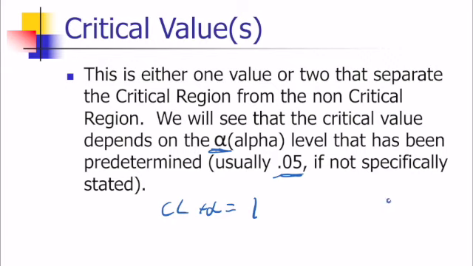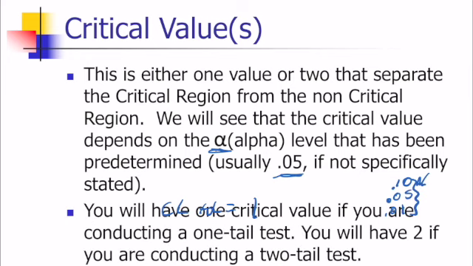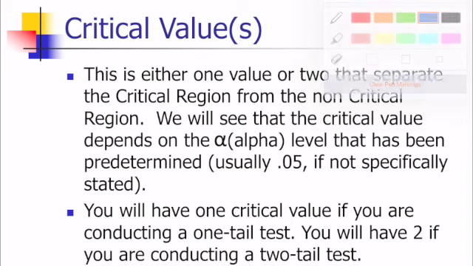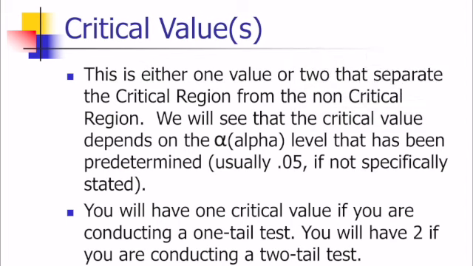Those are our only options, and critical values are z-scores related to these areas under the normal curve. You're going to have only one critical value if you're conducting a one-tailed test, left or right, and two critical values if you're conducting a two-tailed test.